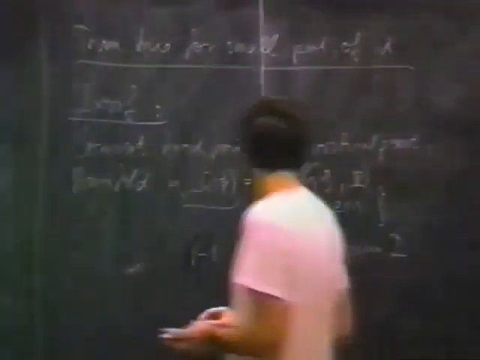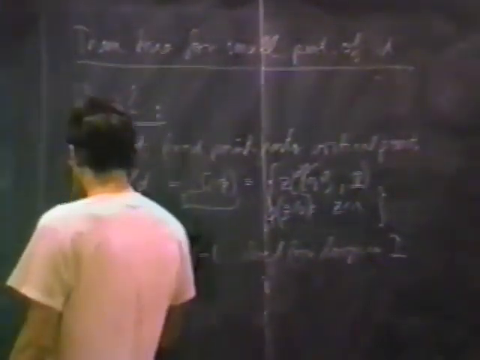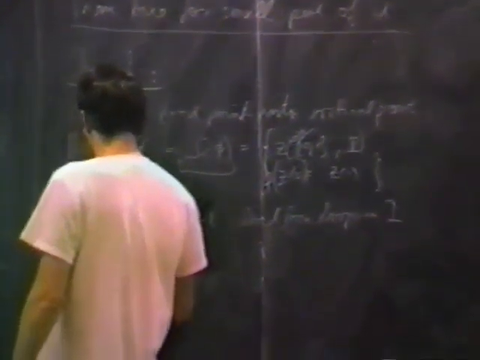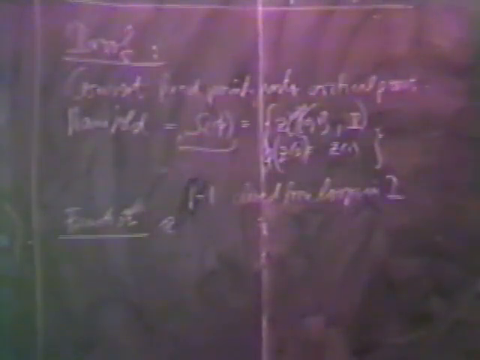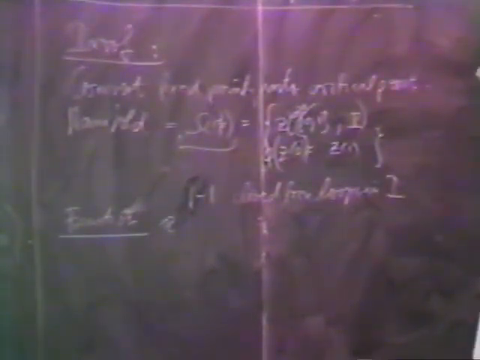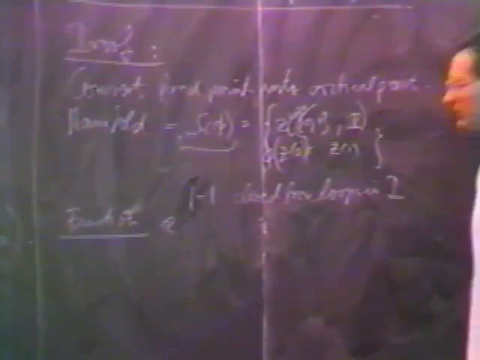Now, what is the function? Well, I can't really say what the function is. It's a little bit difficult to define. But I can say what the differential of the function is.